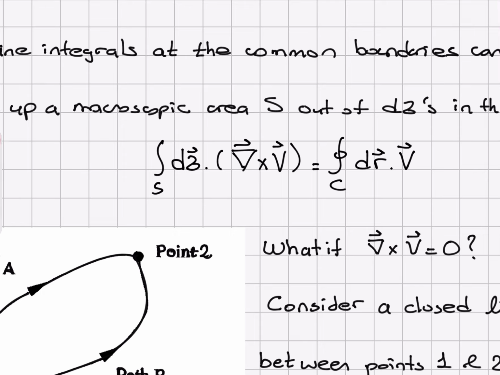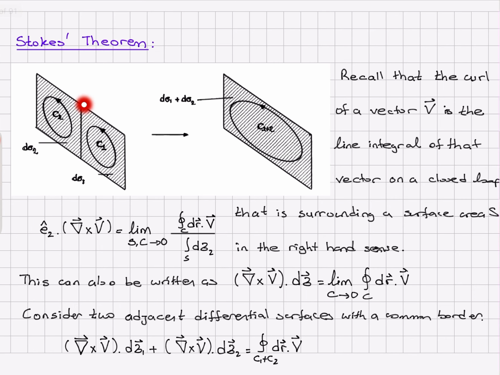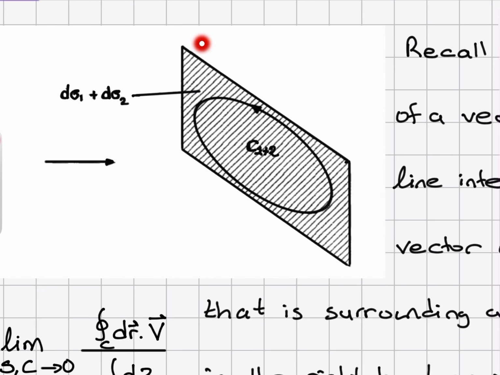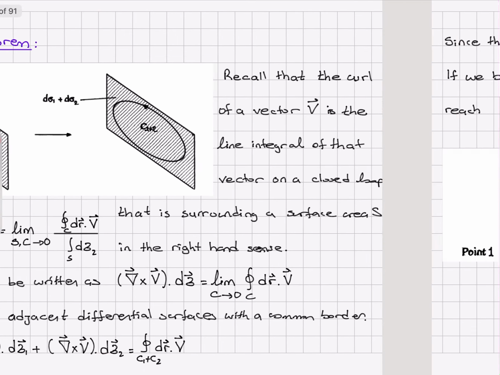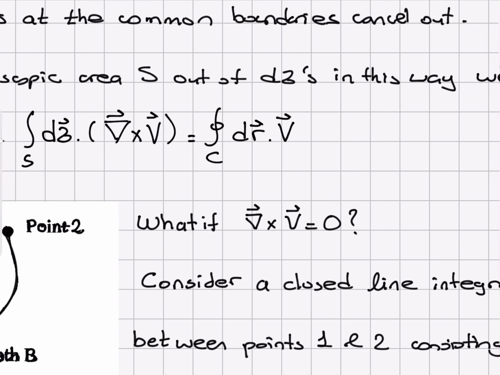And this is for a macroscopic surface, because for all of such d sigmas, the common boundaries will cancel out, and this can be written for a macroscopic surface which consists of a combination of d sigmas that are neighbors. So this is called Stokes theorem.